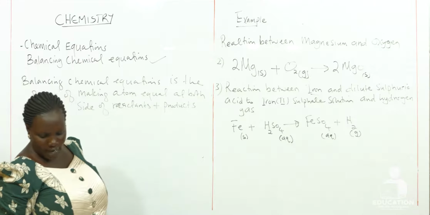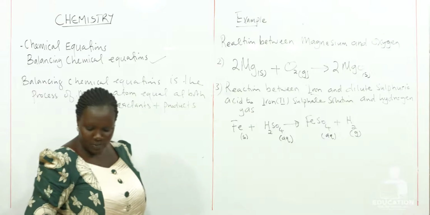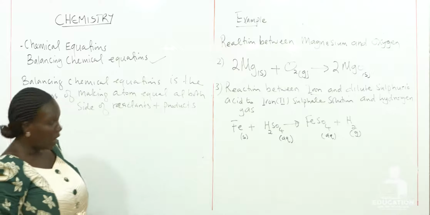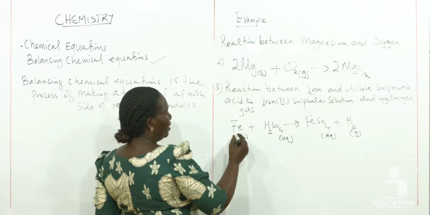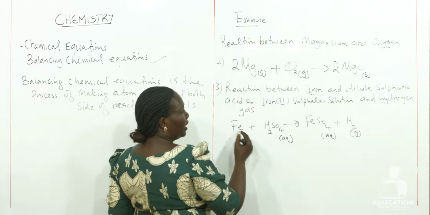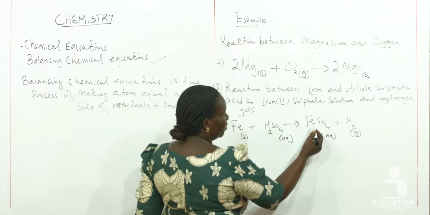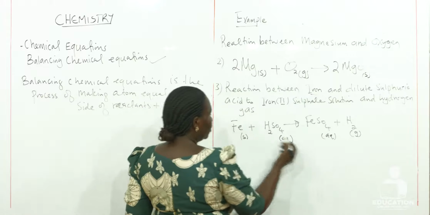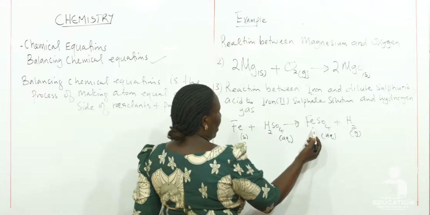Then for us to do that, we must confirm that the equation is balanced by counting. We count the number of atoms at both sides. For example, here we have 1 atom of iron at the left hand side, and then we check the number of atoms of iron at the right hand side. So at the left hand side we have 1, at the right hand side also we have 1.